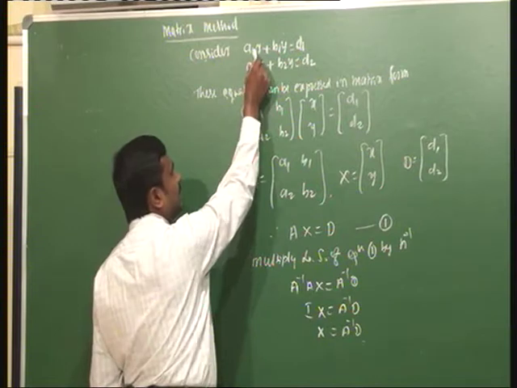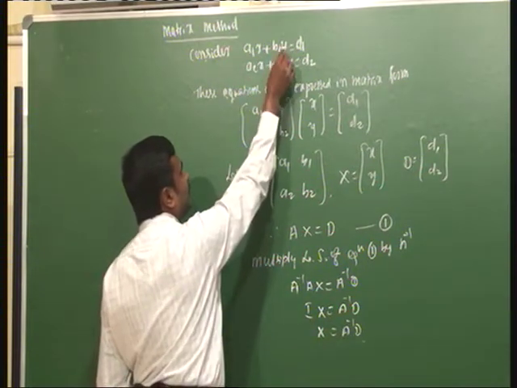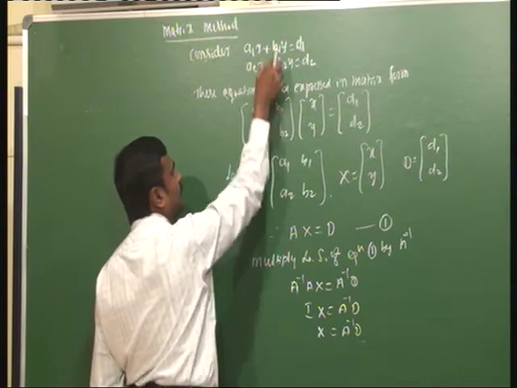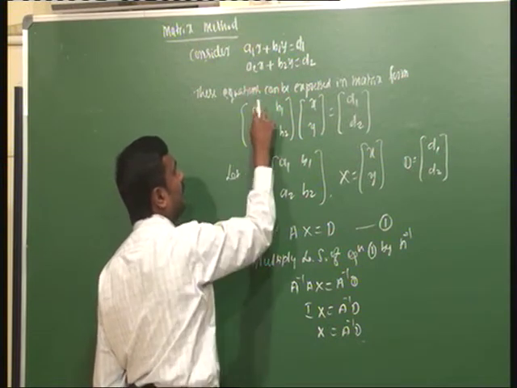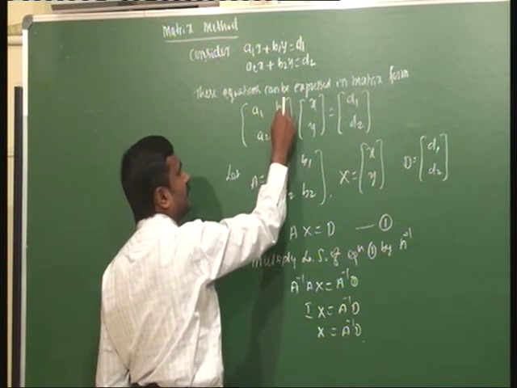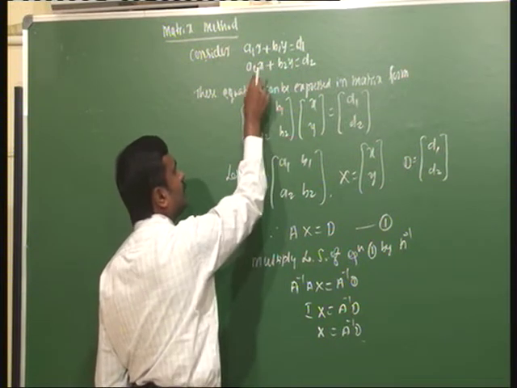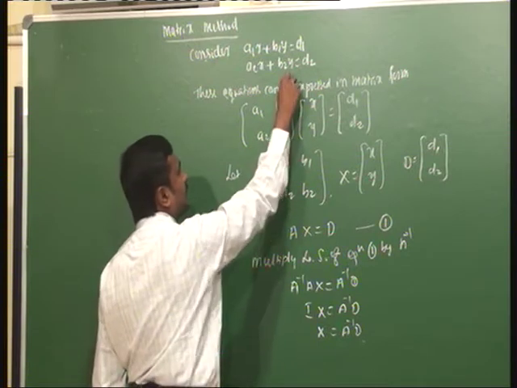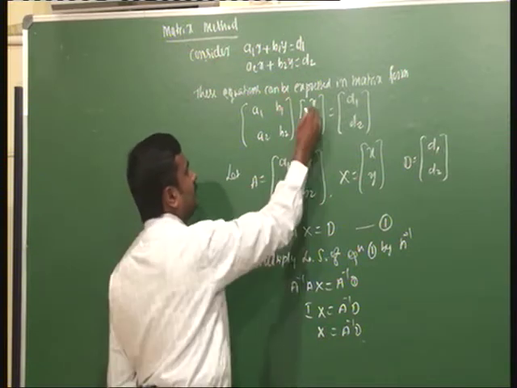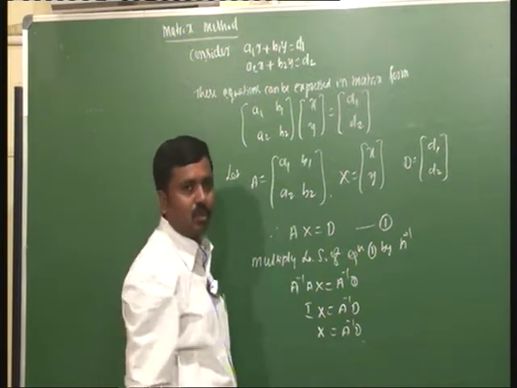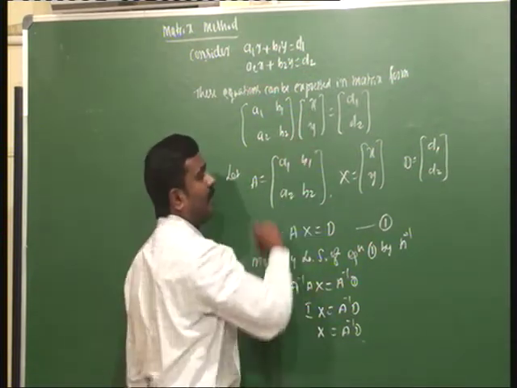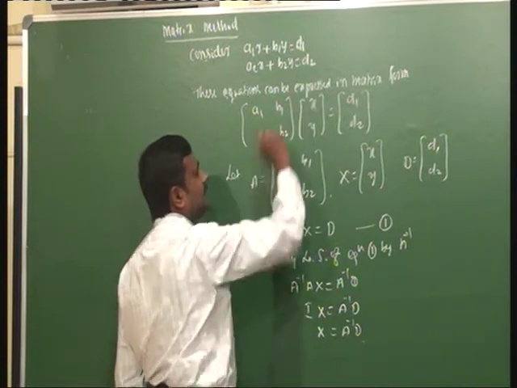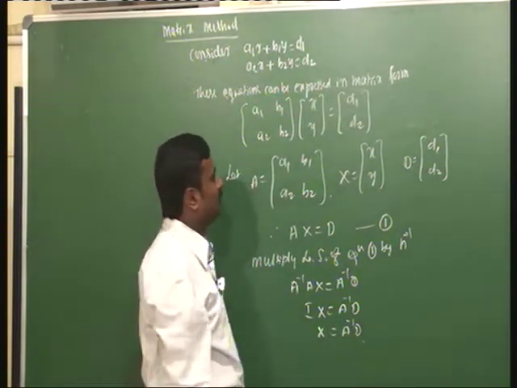The coefficient of x in the first equation is a1, coefficient of y in the first equation is b1, coefficient of x in the second equation is a2, coefficient of y in the second equation is b2. X and y are the unknown quantities. d1 and d2 are the constants in equations 1 and 2.